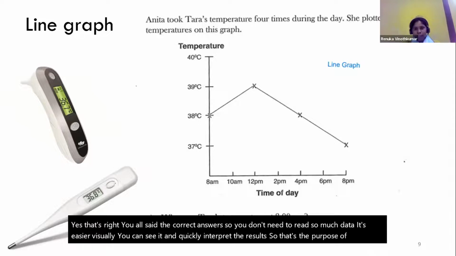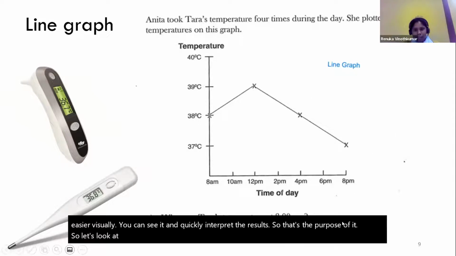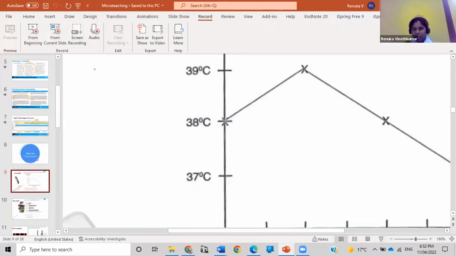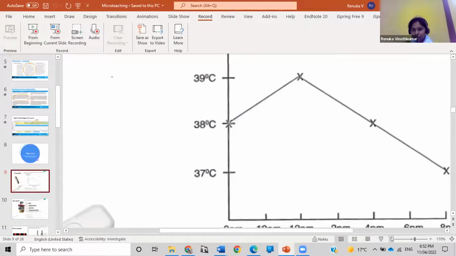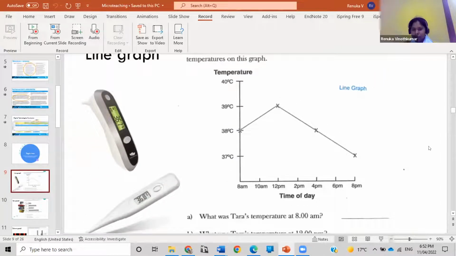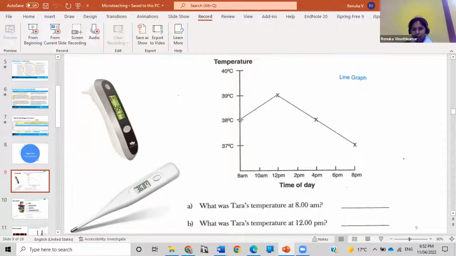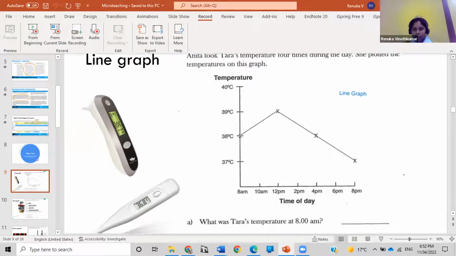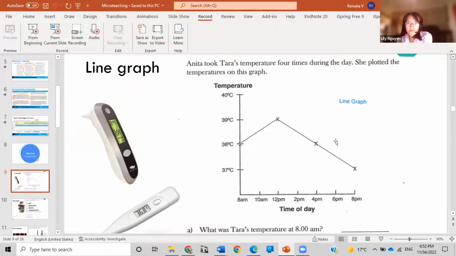So let's look at this line graph. And I want you to tell me, sorry, I have to see the questions. Can you look at this line graph and tell me what was Tara's temperature at 8 a.m.? 38. Yep, 38 degrees, that's right.